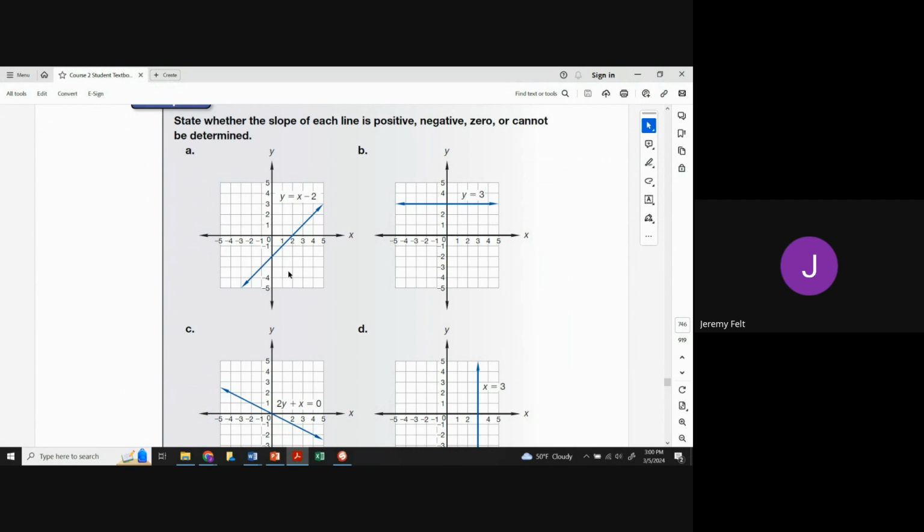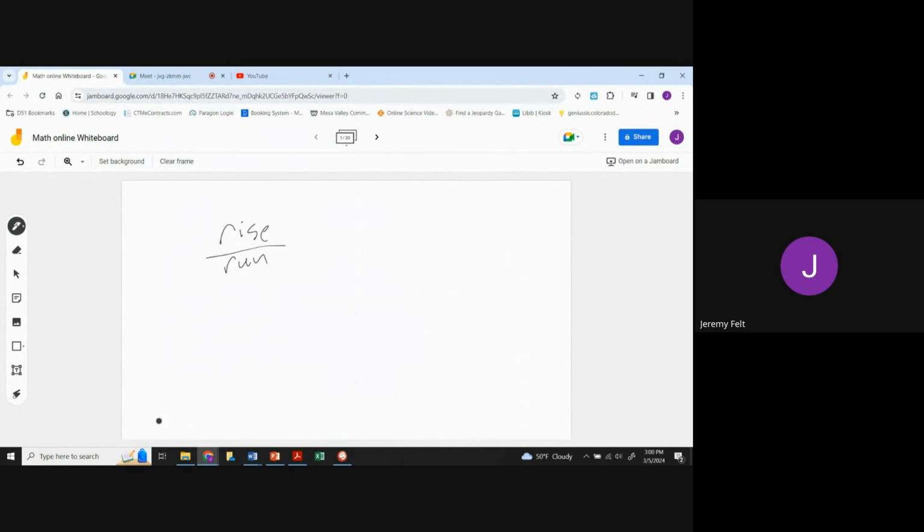So if from left to right it's going up, it's a positive, and that you can see right there, because our slope is actually 1. In y equals mx plus b form, in our linear formula, we have this, and m represents our slope.